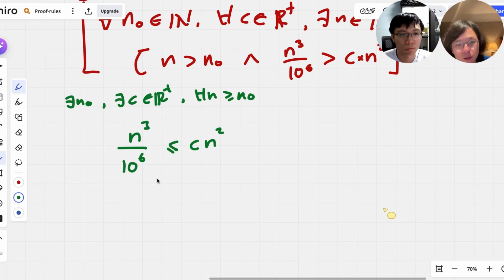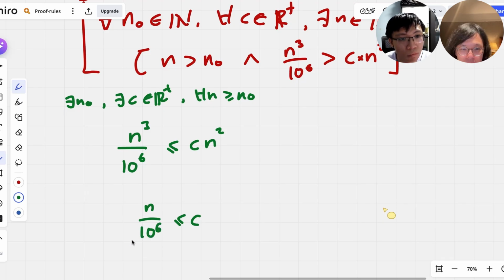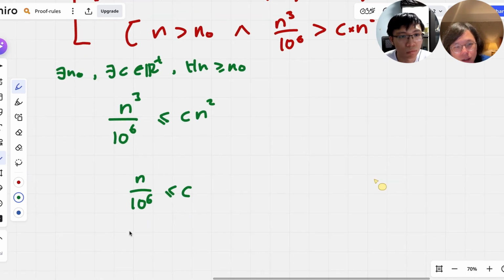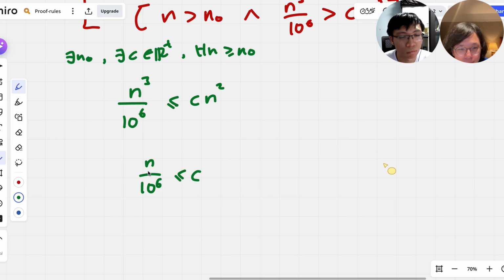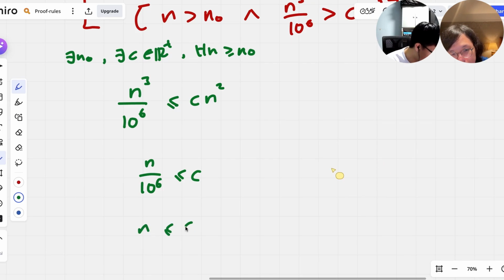Well, for this to happen, let's see what this must mean. If I divide n squared from both sides, it must mean that my constant c has to be at least n over 10 to the power of 6. In other words, n has to be at most c times 10 to the power of 6.